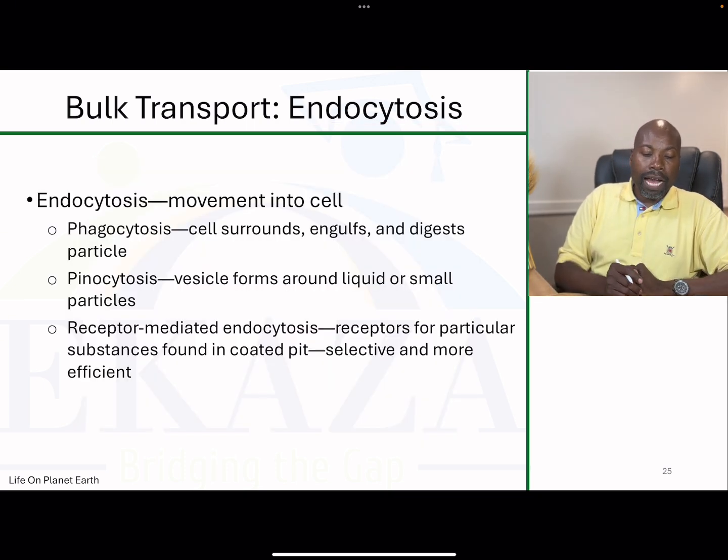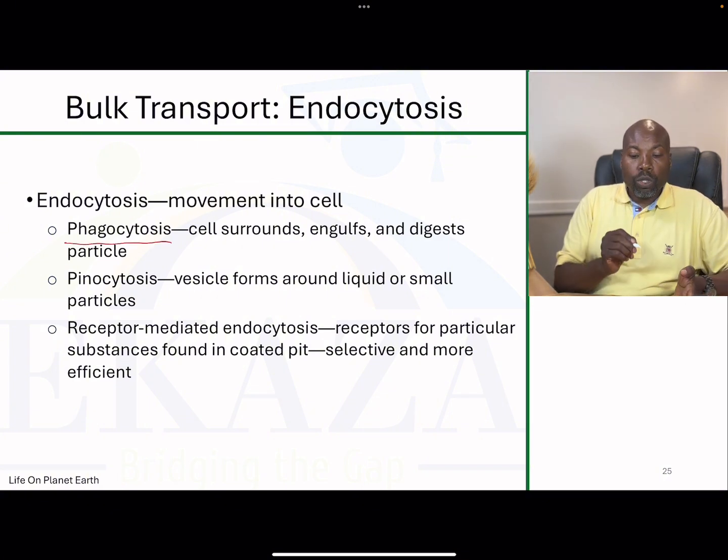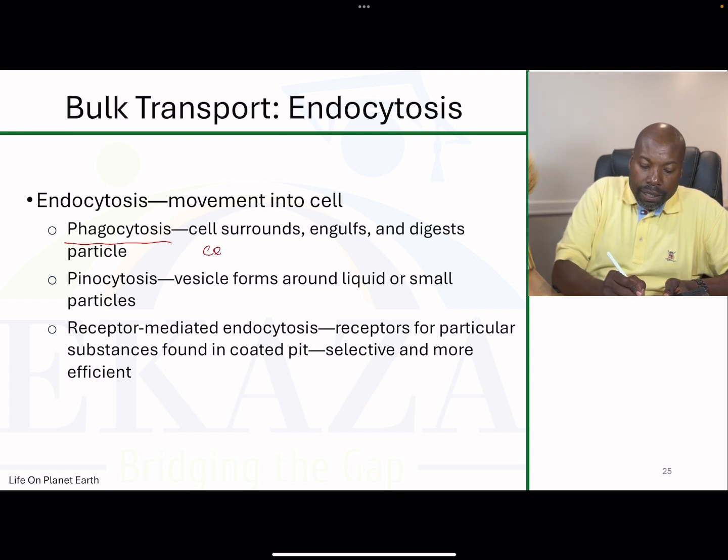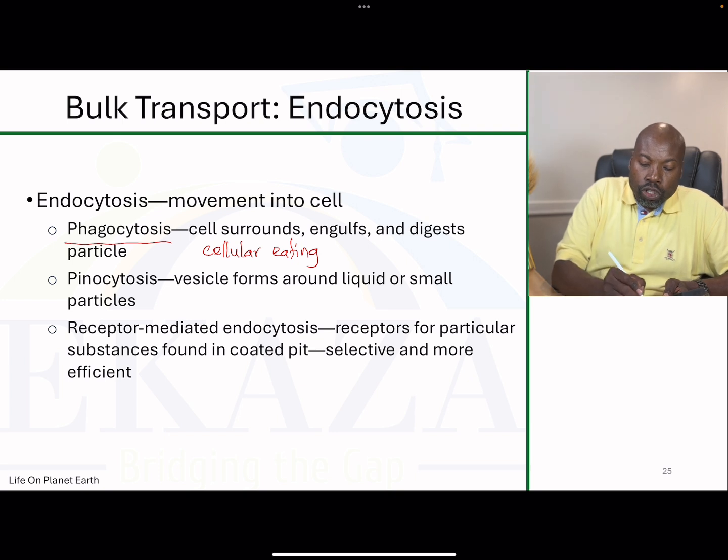We are going to have phagocytosis, which is also called cellular eating, okay? That cellular eating consists of surrounding particles, engulfing them, and digesting them.